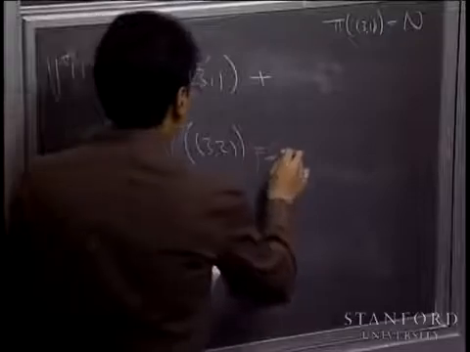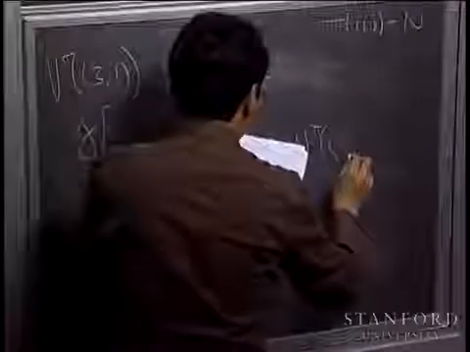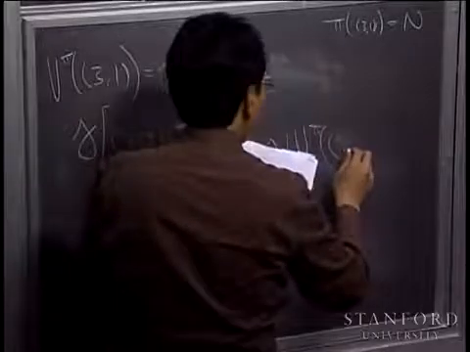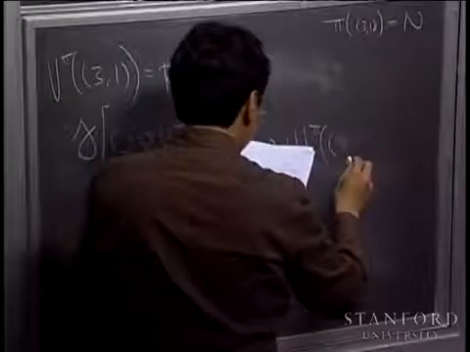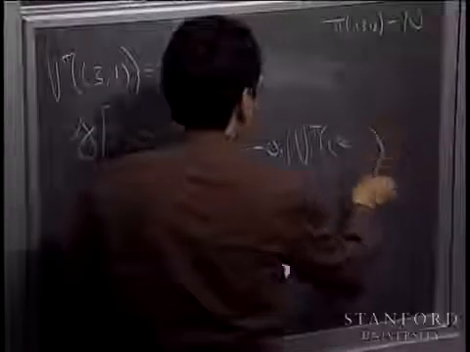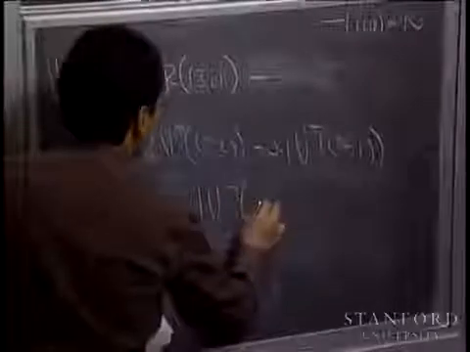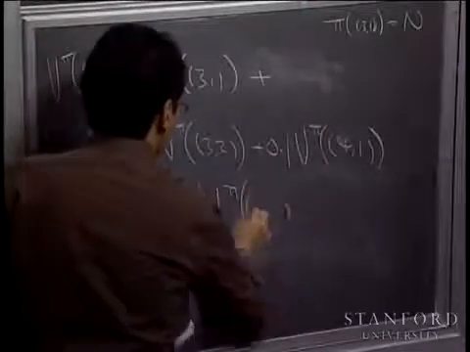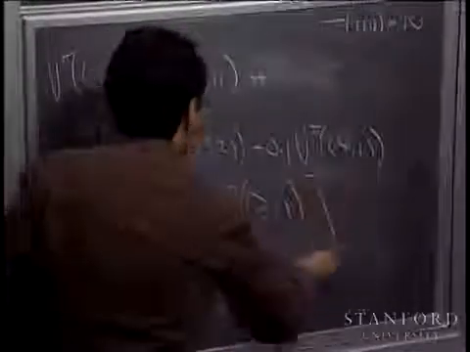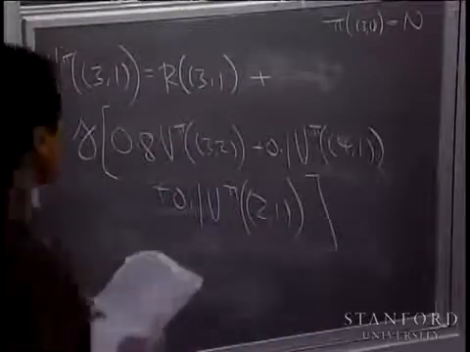With chance 0.1, I'll get to the (4,1) state. And with chance 0.1, I will get to the (2,1) state. And so what I've done is I've written down Bellman's equations for the (3,1) state.